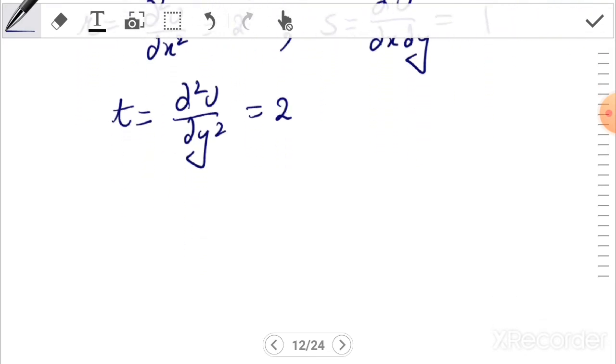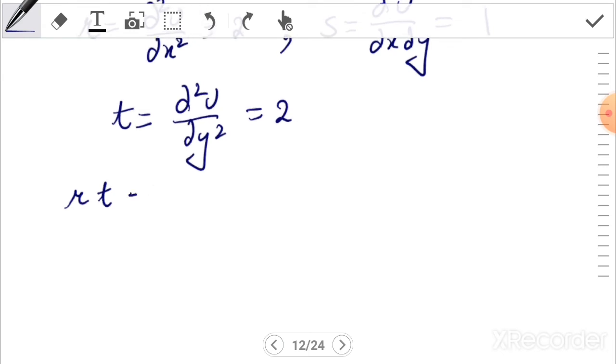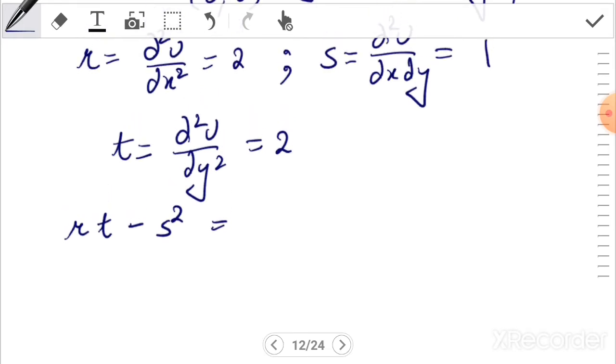So rt minus s square is equal to 2 into 2, 4, minus 1, which is positive. Yes.